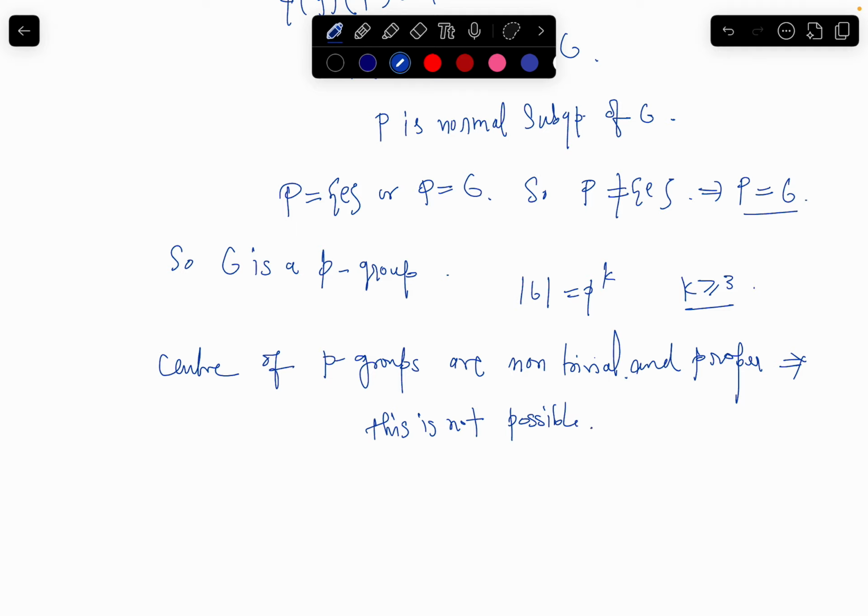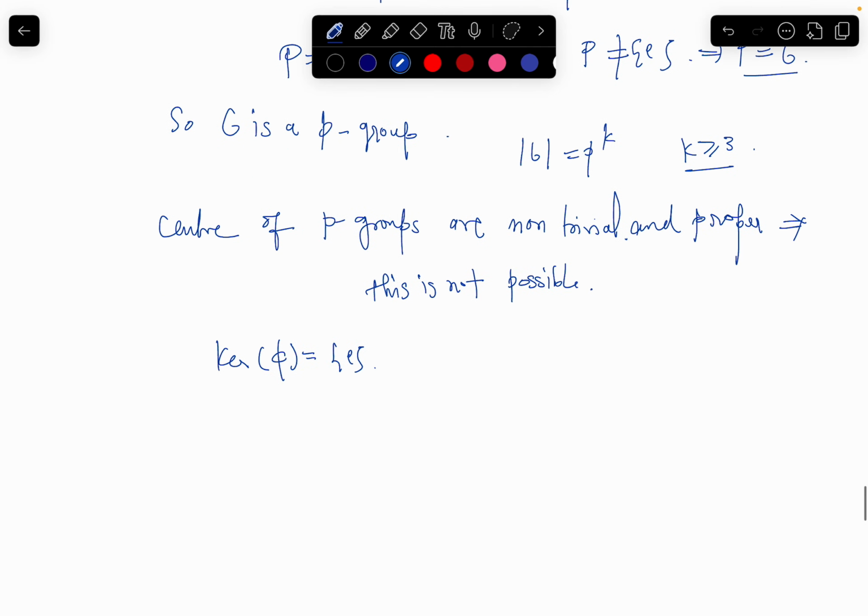So the kernel of the permutation representation is indeed the identity. So we can apply the first isomorphism theorem.